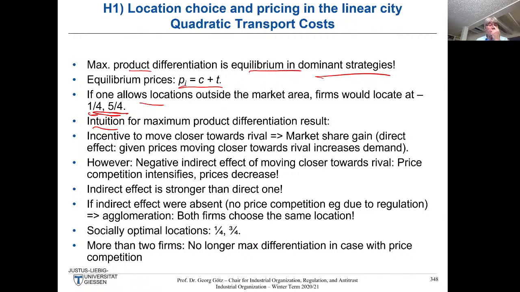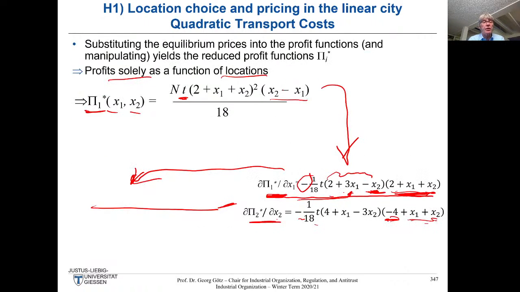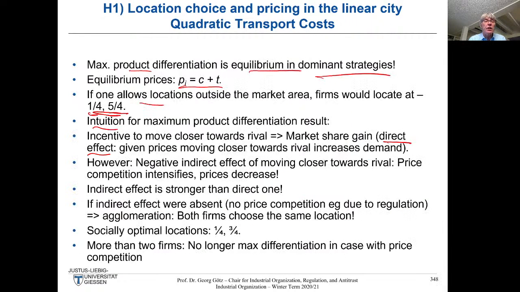So what we see here, we have always a direct effect. That's what I showed you for a given price: for a given price, you increase your market share if you move closer to your rival. The problem is, if you move closer to your rival, the effect will be that prices will go down, you intensify competition.